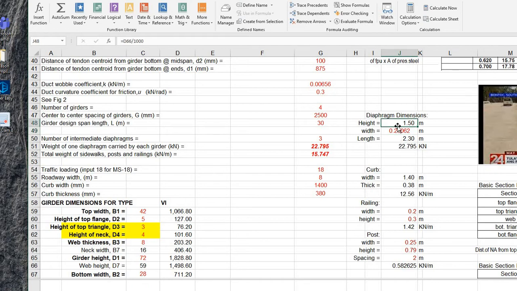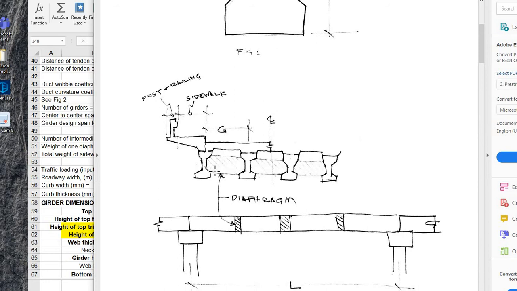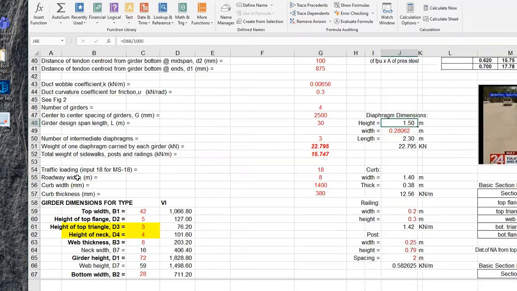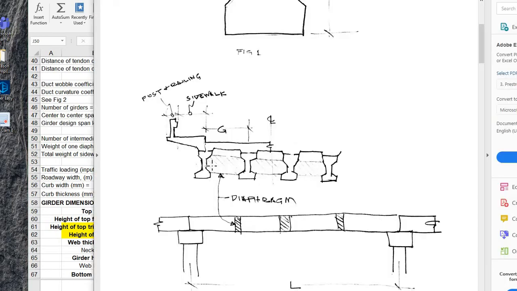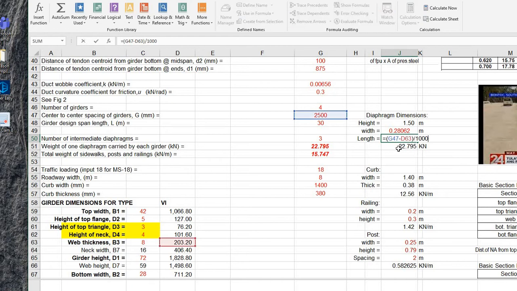Okay, so yung height, that is equal to the web height, which is this one. Ayan, see? Tapos, yung length naman, that is simply G, or center to center ng girder, minus the web width. Okay, so, ayan.